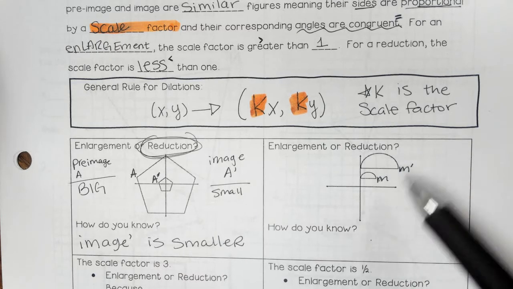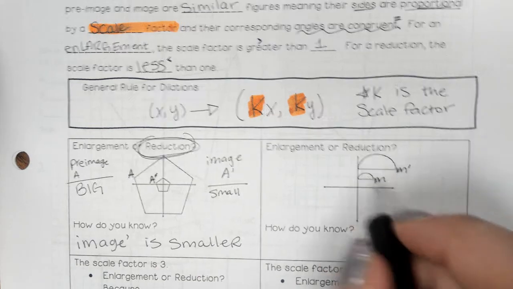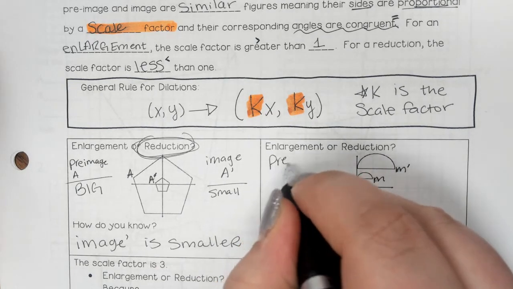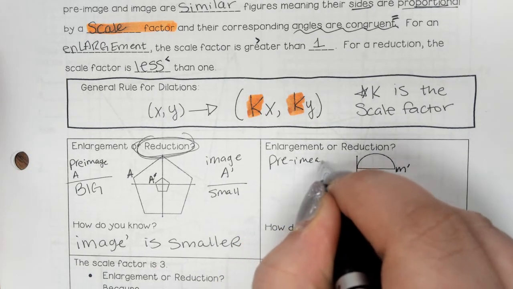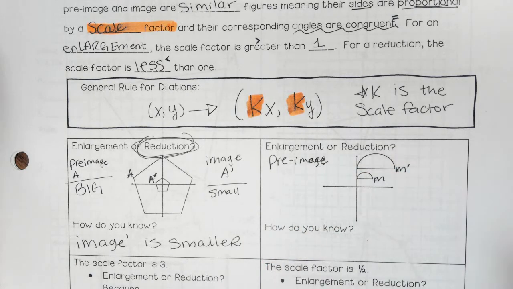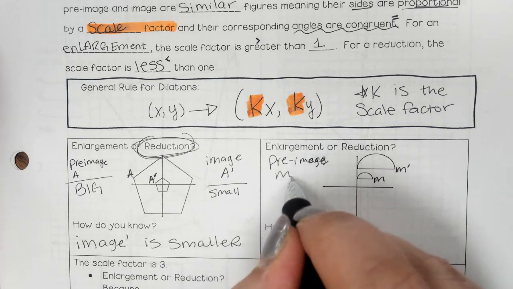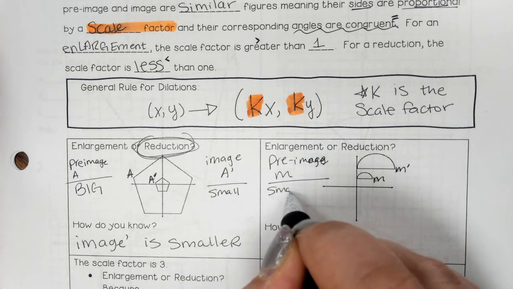In the next example, I start at my pre-image, which does not have the prime notation. That's this one, which is smaller. M is smaller.